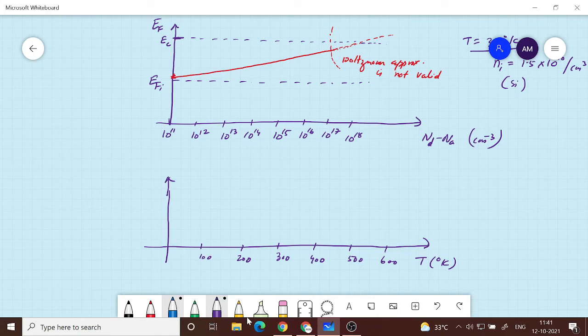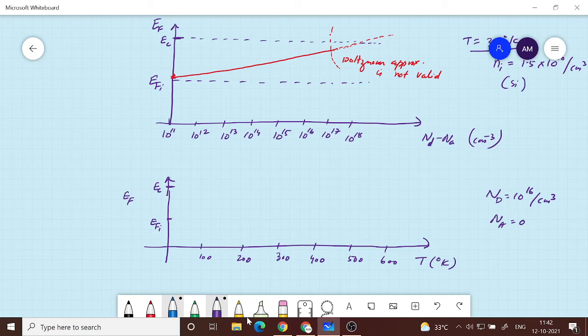If I take an n-type, let me take EF here. So this is my EFI. Let's assume that I have doped it with, so EC is somewhere here, ND equal to 10 raised to 16 per centimeter cube, and Na I am taking as 0. So it's n-type material.